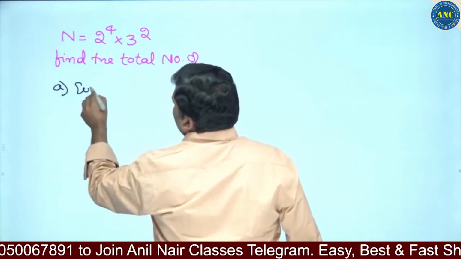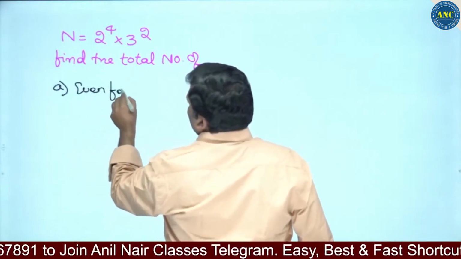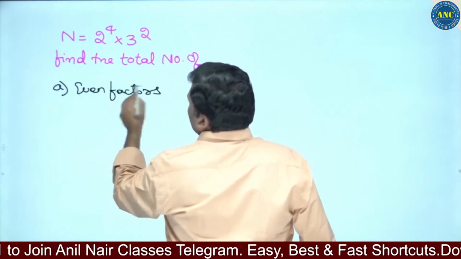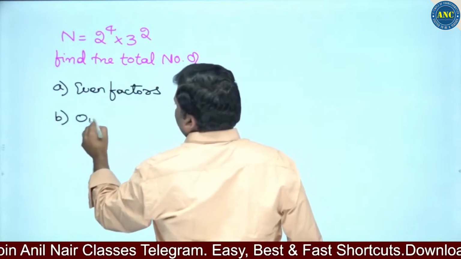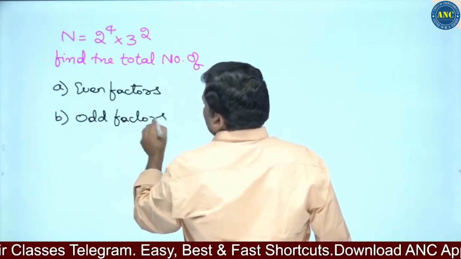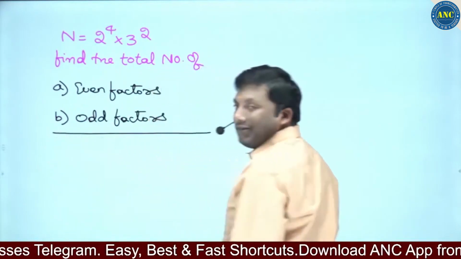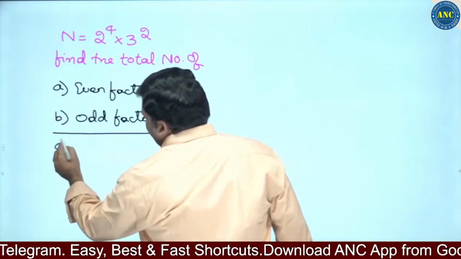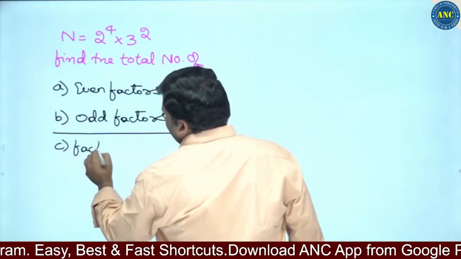First one, even factors. Next one, odd factors. Even factors, odd factors. I'll put a line here. Same variety: factors which are multiples of 3.